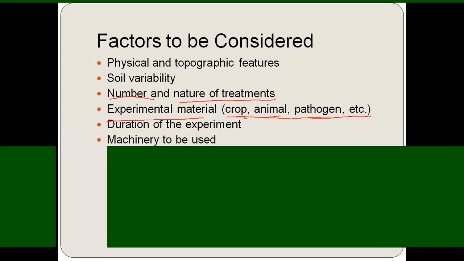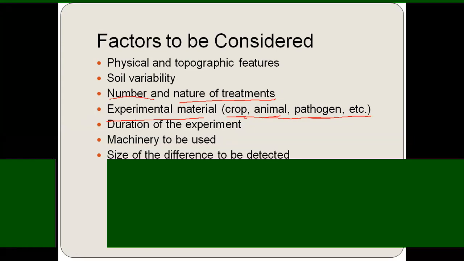Then the duration of the experiment: how long you are going to do the experiment, and what machinery is to be used if you are doing agricultural experiments. Then the size of the difference to be detected. This is one of the important key features, right?